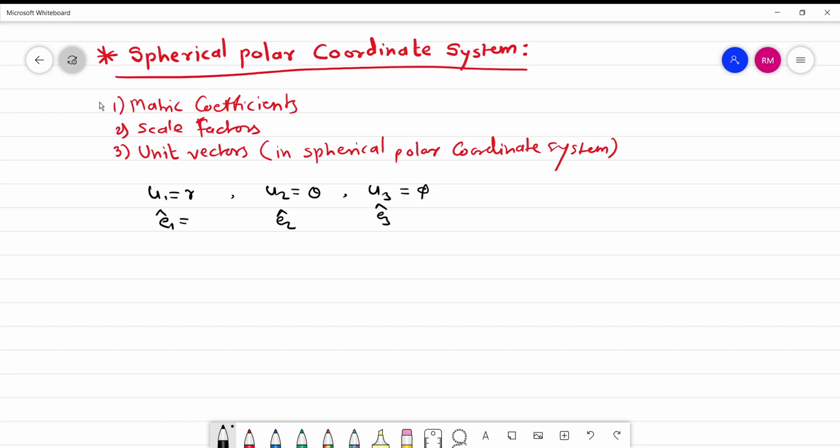Similarly, E1 cap will be ER cap, E2 cap will be E theta cap, and E3 cap will be E phi cap. So this is what we are going to do. We are going to find ER cap, E theta cap and E phi cap.